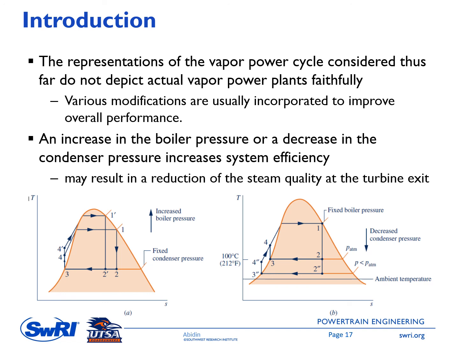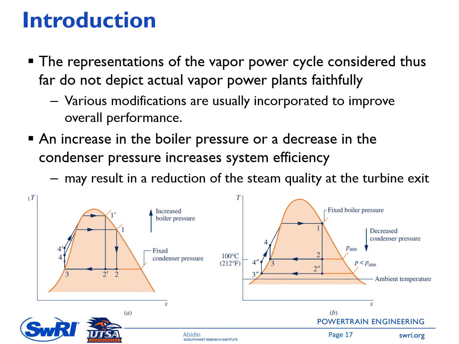Various modifications are usually incorporated to improve overall performance. We also saw that an increase in the boiler pressure or a decrease in the condenser pressure increases the system efficiency, but it may result in a reduction of the steam quality at the turbine exit.